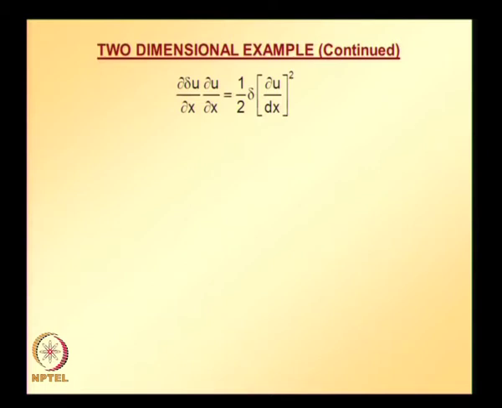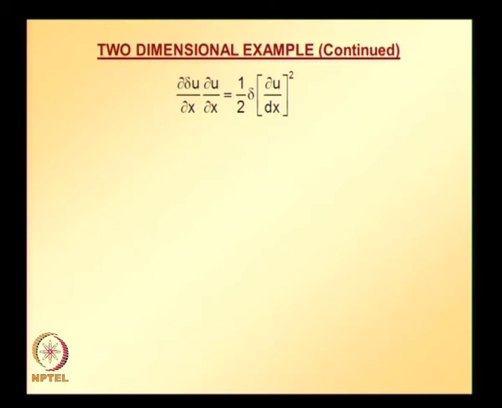To further simplify the previous equation, we need to use some variational identities. As a part of one dimensional boundary value problems, when we were looking at this variational method, we noted these variational identities.